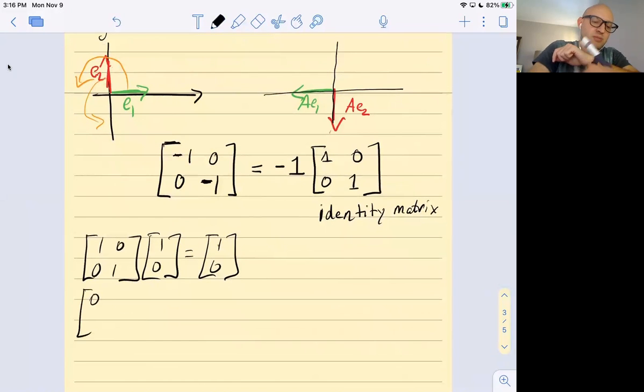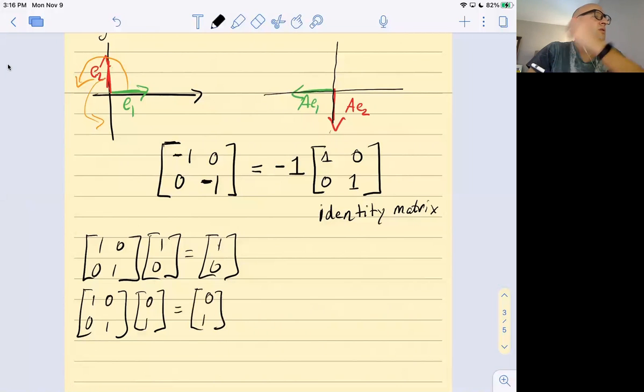And if I do the same thing to 0, 1, this would just be 0, 1. So can anyone volunteer and say what happens to the grid if I keep E1 at E1 and E2 at E2?